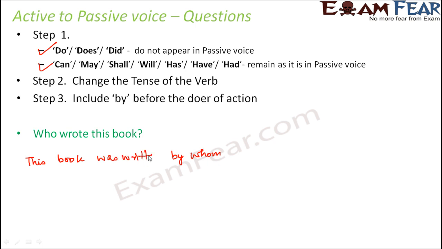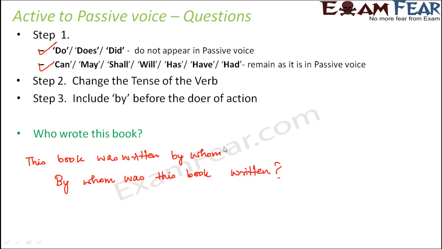So as per the logic we have discussed so far, this would become this book was written by whom. But as far as framing questions is concerned, a question should always start with by whom. So your question should start like this: by whom was this book written?